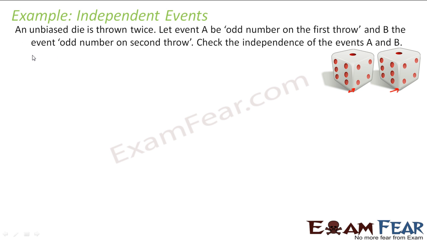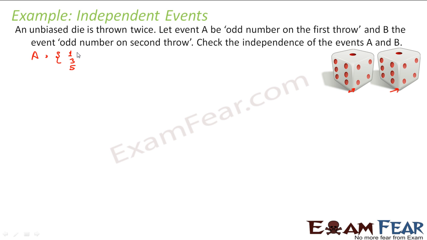To prove it, let A be my odd on the first throw, right? So A will be an odd number in the first throw, something like 1, 3 and 5, and the second throw can have any number, right?